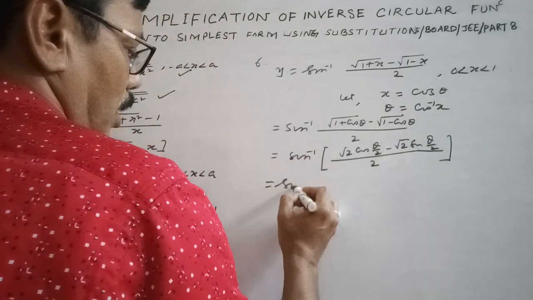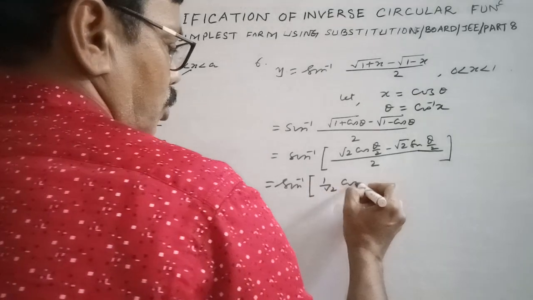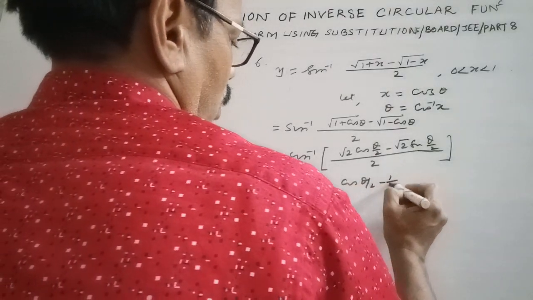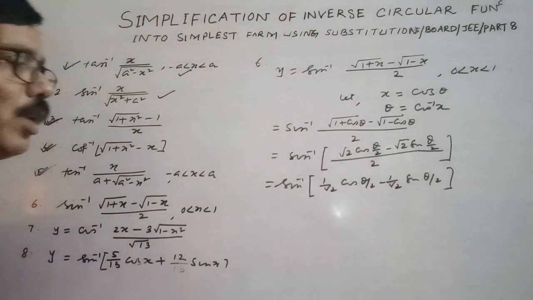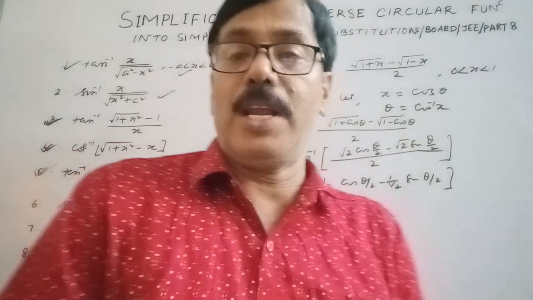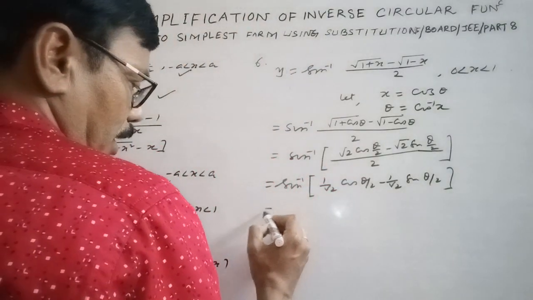So sine inverse of 1 by root 2 cos theta by 2 minus 1 by root 2 sine theta by 2. Our main aim will be to express this argument in terms of sine.